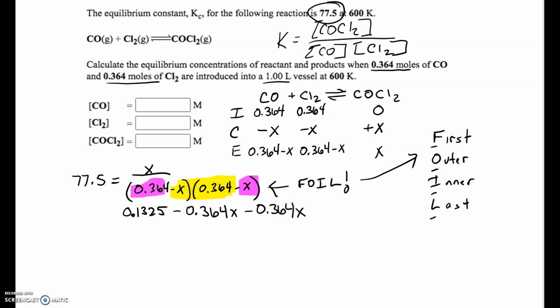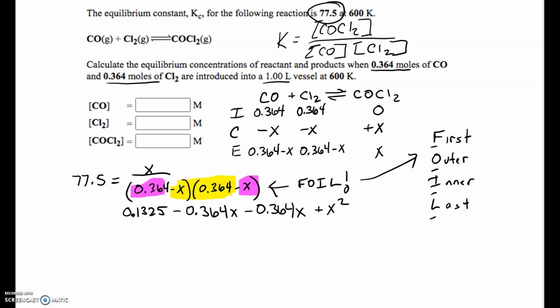And then lastly is the last term. If I call this the first over here, the minus x would be the last. So I'm going to go negative x times negative x, which is going to be a positive x squared.